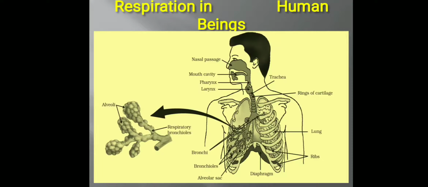So let's find out what are the organs associated with respiration in human beings. Dear students, you can see in this figure, it's very clearly visible that we humans use nostrils or the nasal passage to take air in. So the first organ is the nasal passage, then it has the pharynx, larynx, trachea.